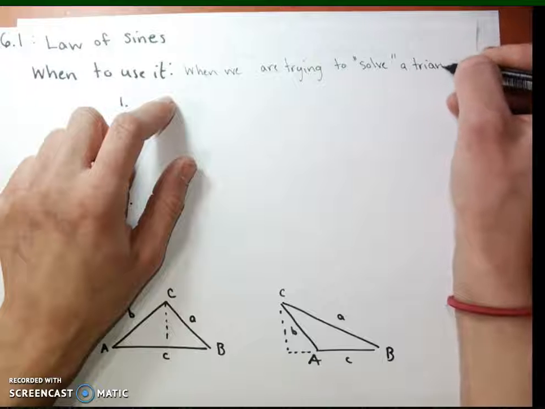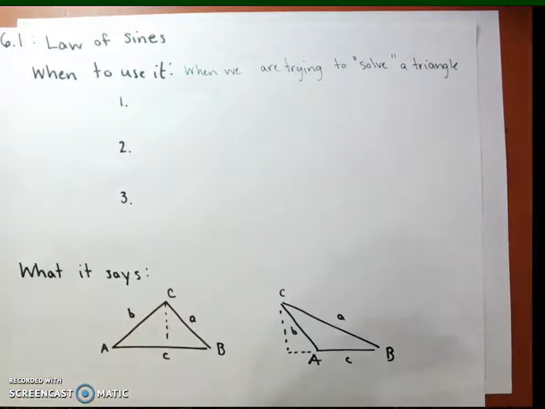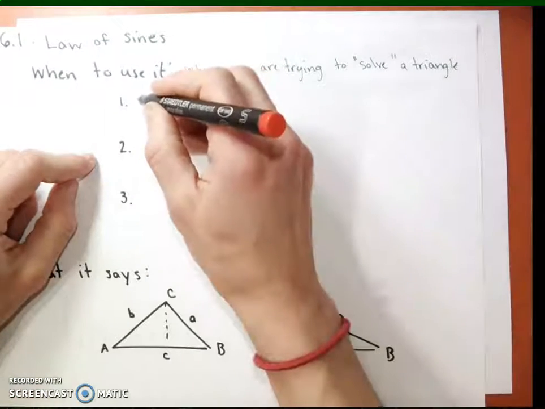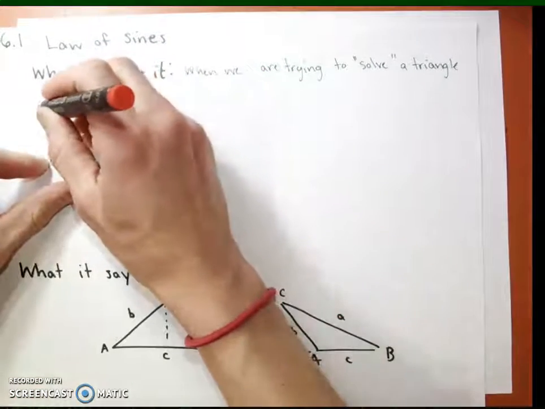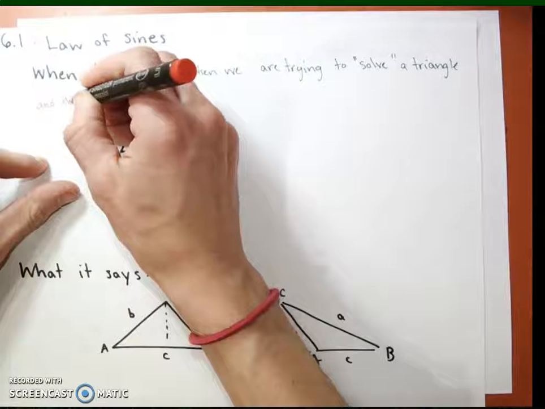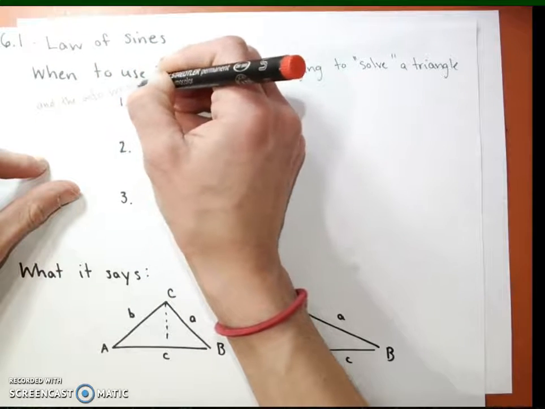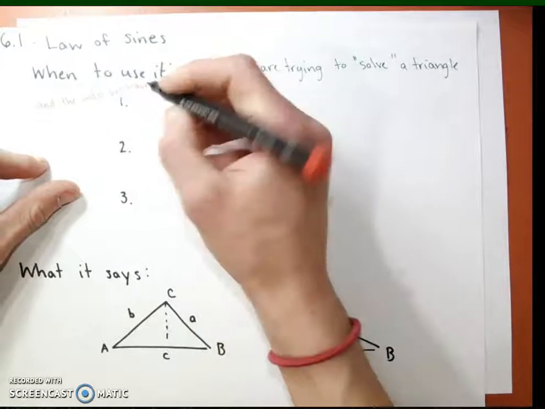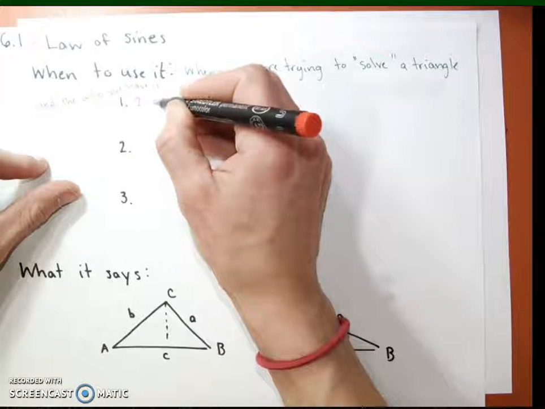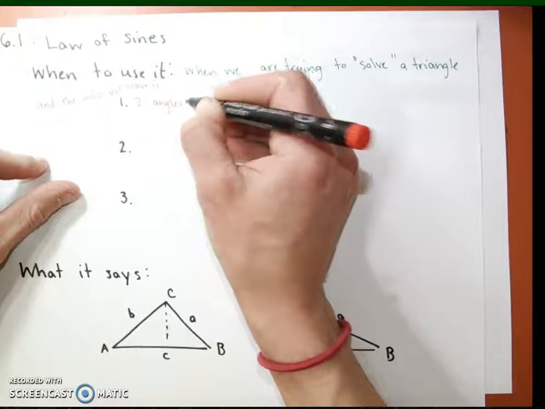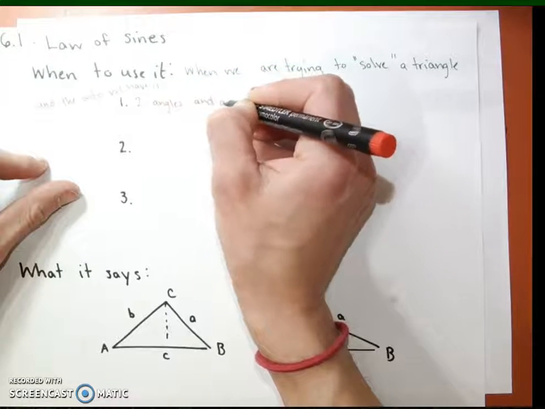But we can't do it in all cases. We can only do it when we have certain information. So we can do it when the info we have is two angles and a side.